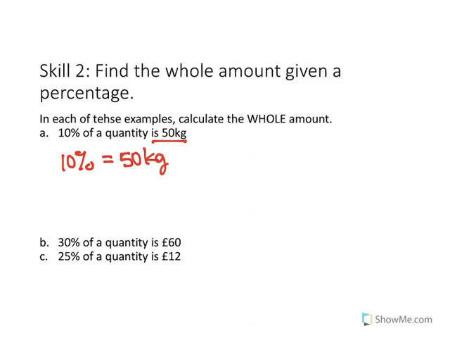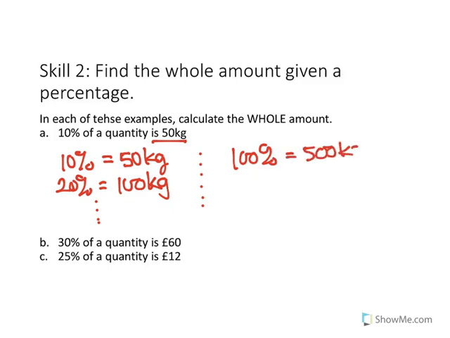If we think about that, that means 20% has to be 100 kilograms. If we keep going in this way, eventually we'll know that 100% has to be 500 kilograms. That's one way to do it: you just keep counting by tens to get there.